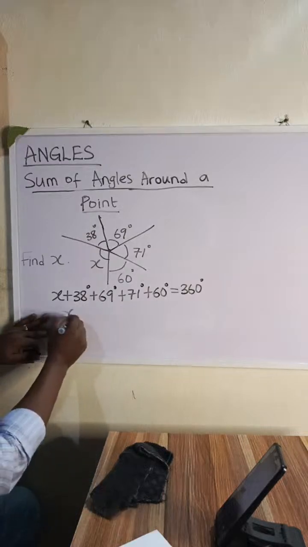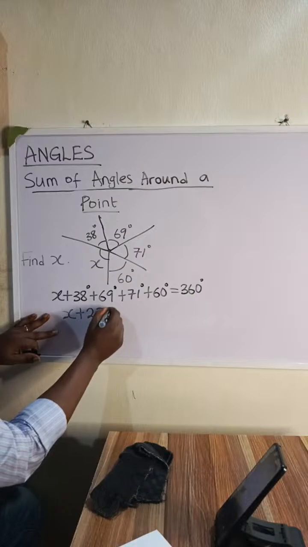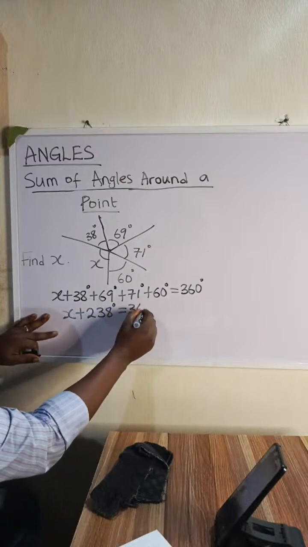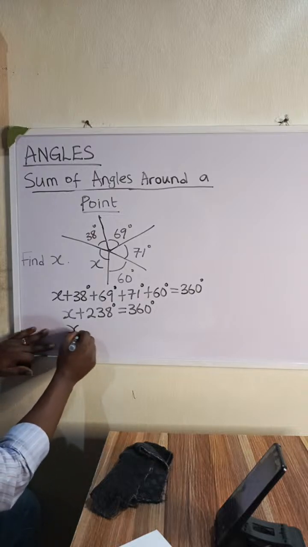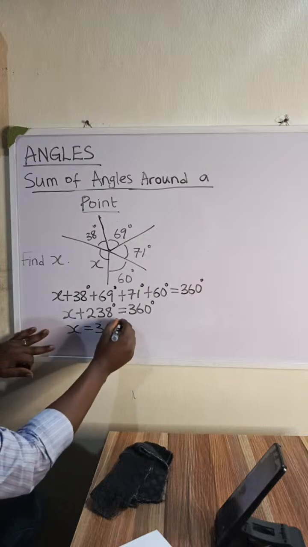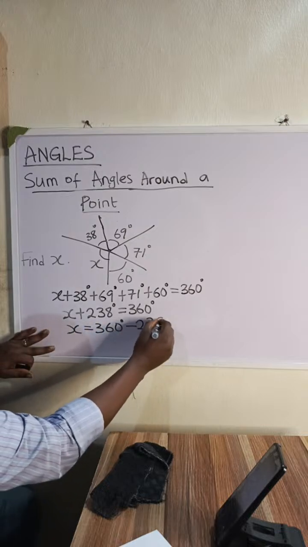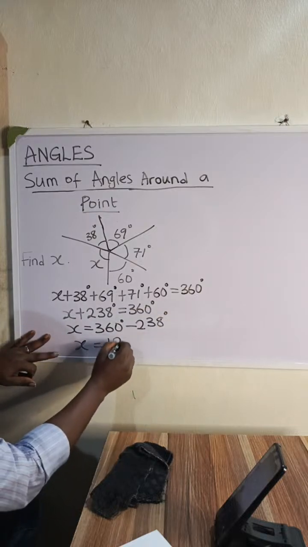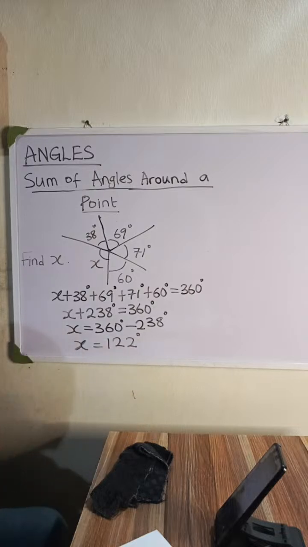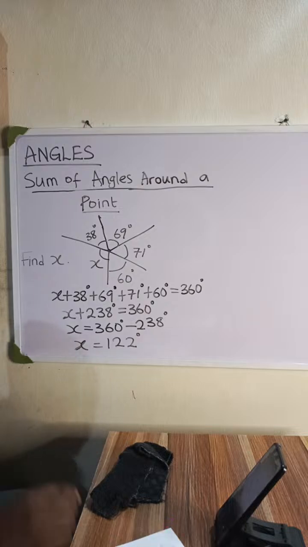So x plus 238 degrees is equal to 360 degrees. So x is equal to 360 degrees minus 238 degrees. x is equal to 122 degrees. Okay, good. That means Daniel still has one more strike, one more mark. I think he has the highest number of marks.